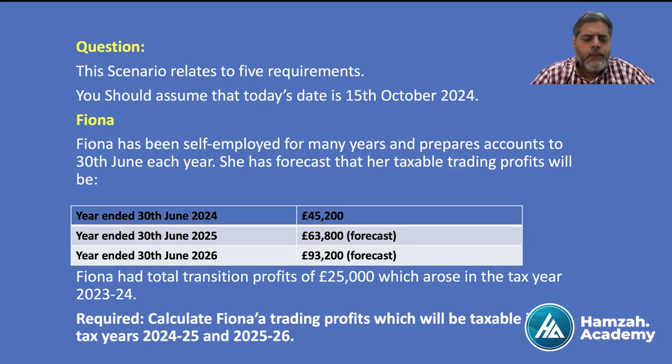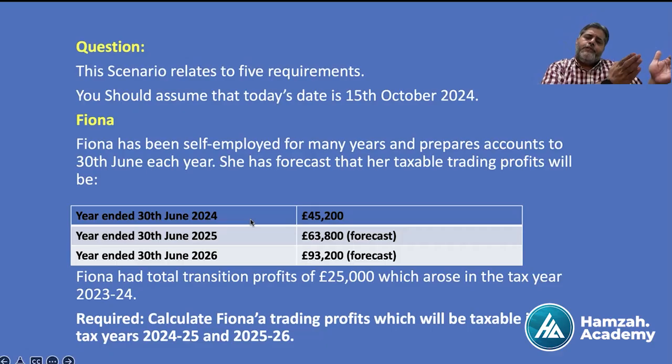The requirement is to calculate Fiona's trading profits which will be taxable in the tax years 24-25 and 25-26. We all know that to calculate the profit for 24-25 and 25-26, we just have to time apportion the profits available to us. For example, this is for the year ended 30th June 2024.